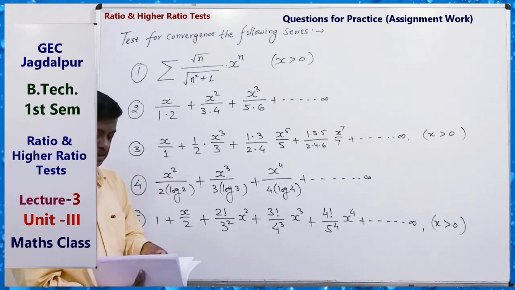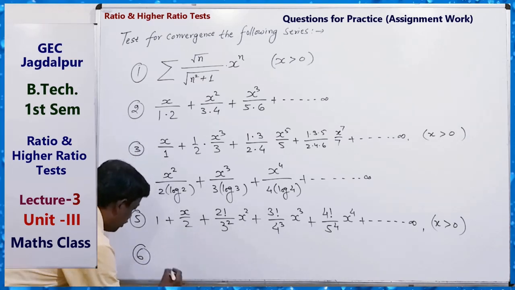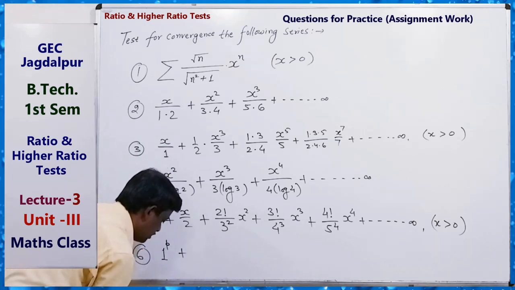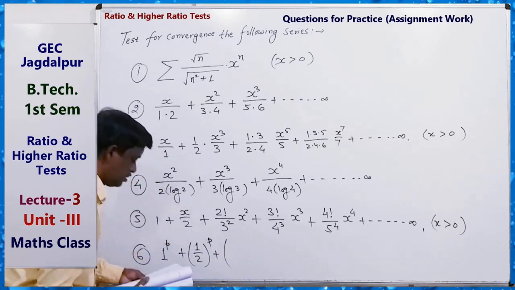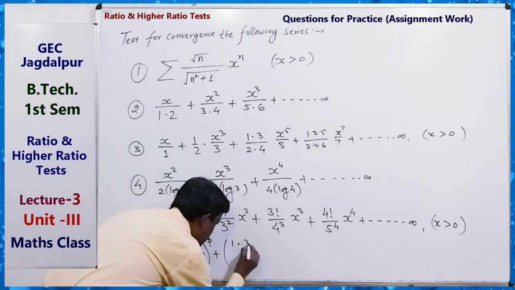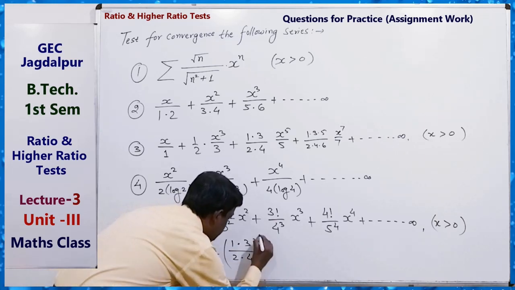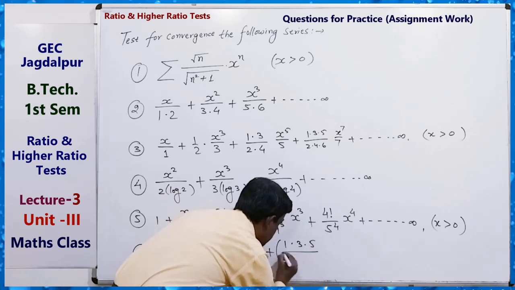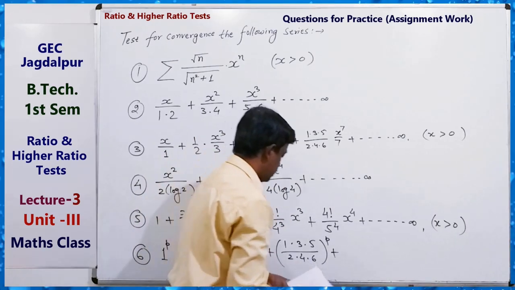Question 6 is: 1 power p plus 1 by 2 power p, plus 1 into 3 by 2 into 4 power p, plus 1 3 5 by 2 4 6 power p, and so on.